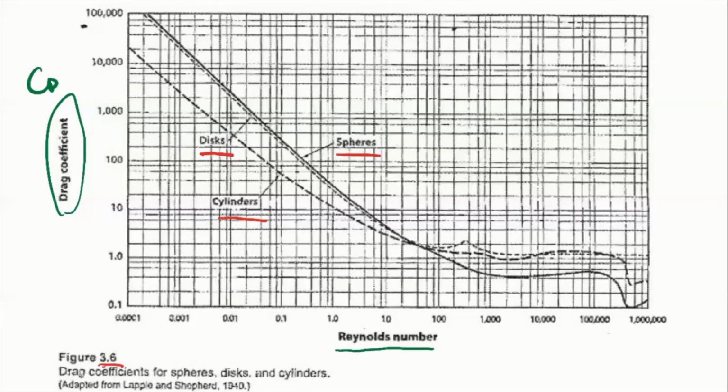Let's say we have a particle with the same volume, 1 centimeter cubed. For a cylinder, the cross-section area will be different compared to the sphere. That's why its drag force is also going to be different. It really depends on how it's flowing in the fluid flow.